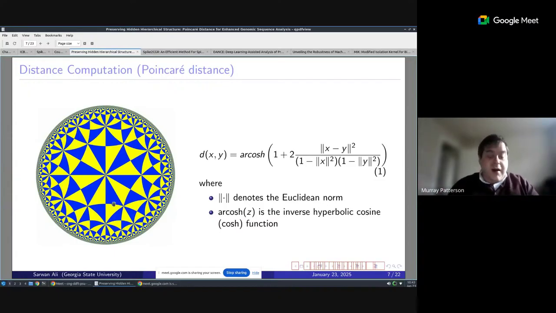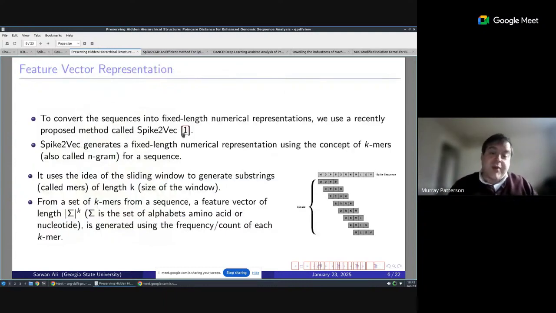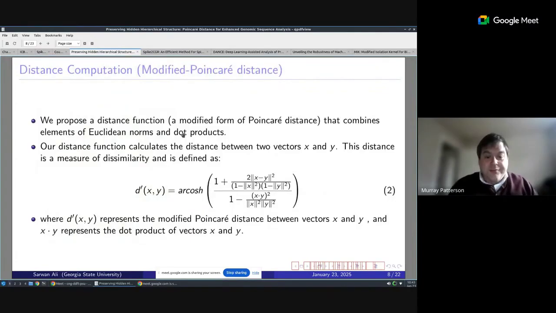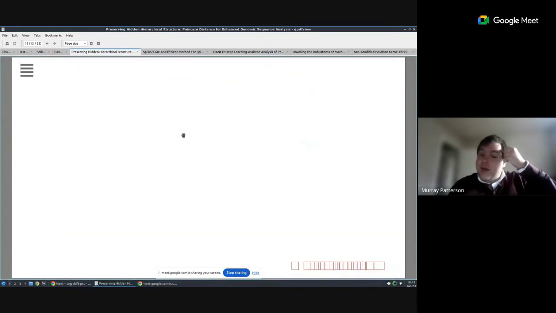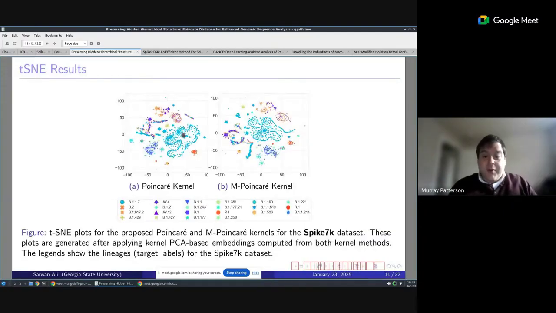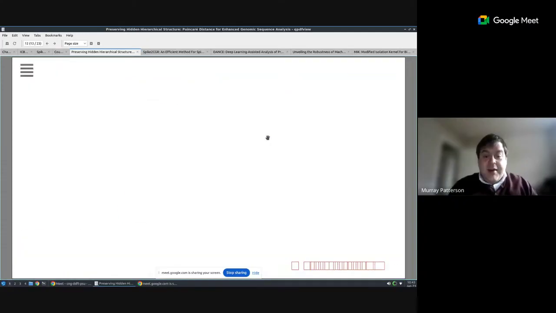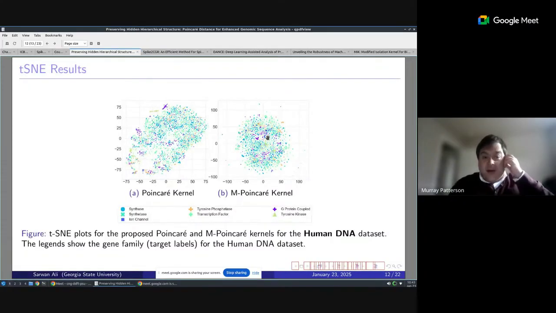It more honestly represents the sequences, right? We ran with this as an embedding method, but we only tested it on about 7,000 sequences, what we call the Spike7K data set. But it was a slightly different approach.